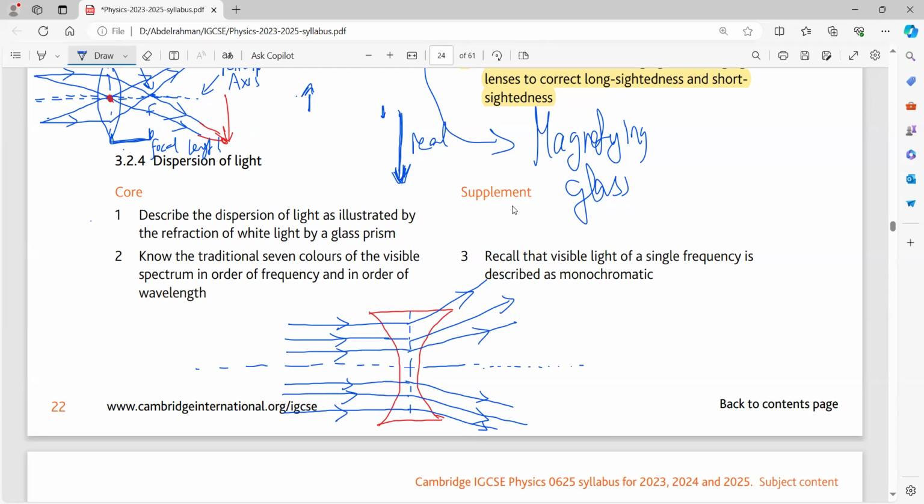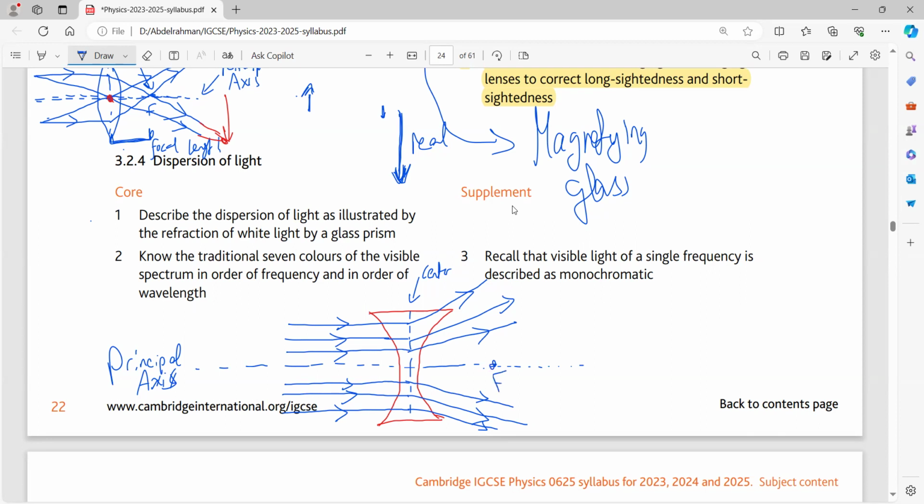A line in this is called the center. This is the center, and this is the principal axis. Again, it's almost the same, but the difference is that the rays in the diverging lens move away, while the rays in the converging lens move towards, for example, the focus. You have the focal point.